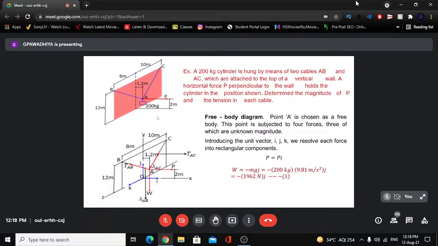So there are 4 forces now. W, that is mg, 200 into 9.81, and because this load is hanging through this rope system, all these ropes are either flexible or taut. They may be stretched or unstressed conditions.